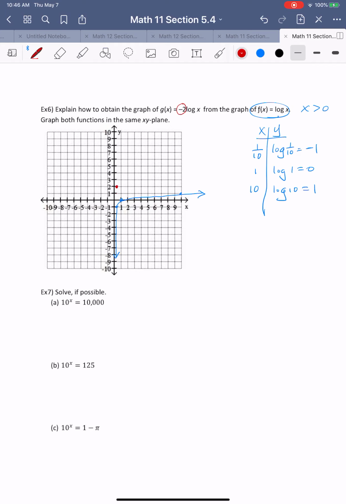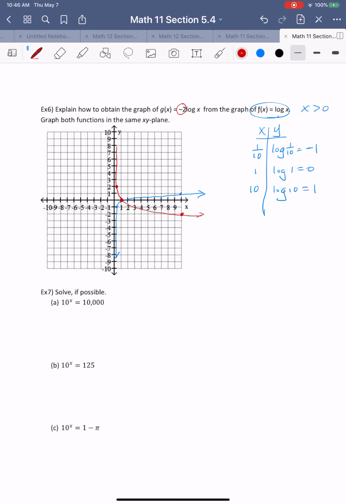So right here. But 0 just stays at 0. So 0 times negative is 0, right? So this is actually the 1. 1 times negative is negative 2, right? So your graph of that, as the g function, is going to be this. So stretching with the reflection.